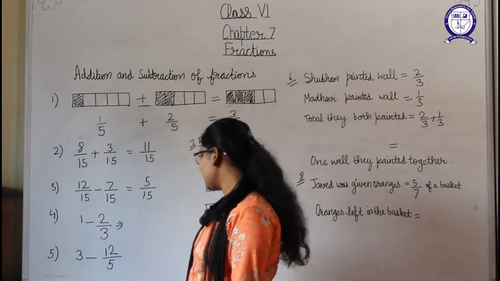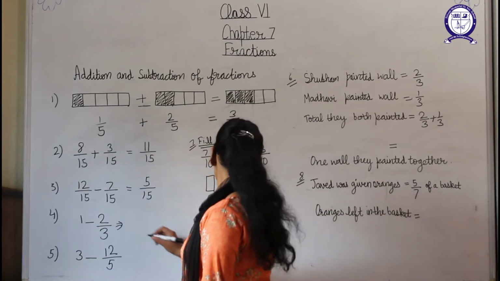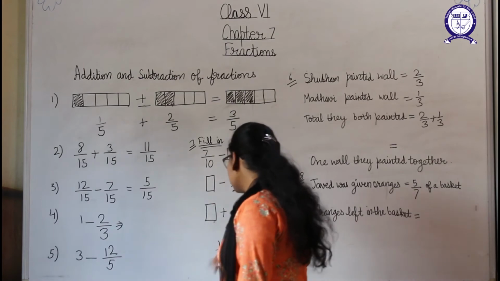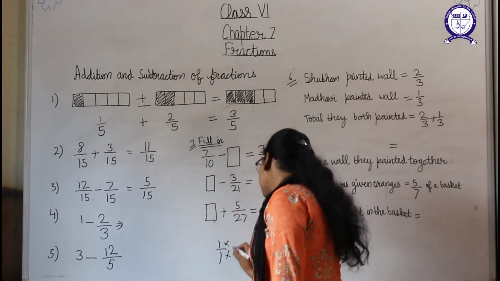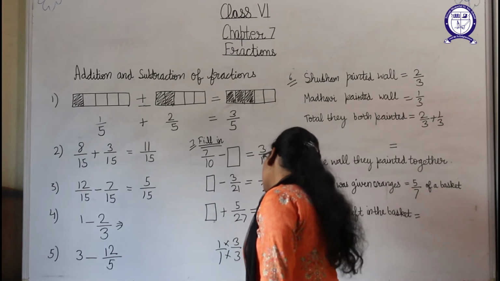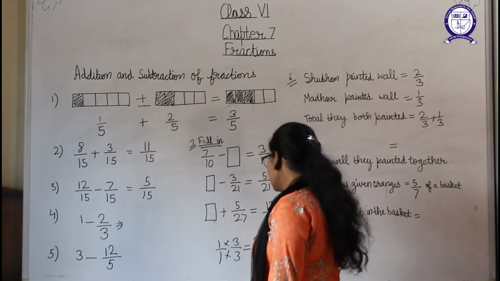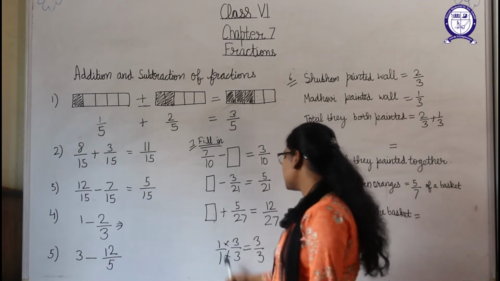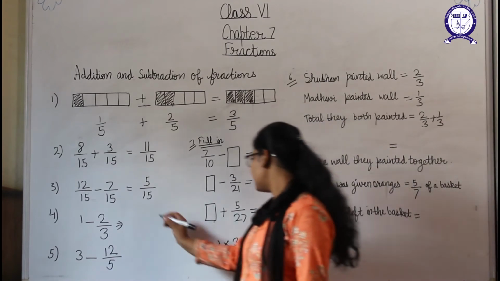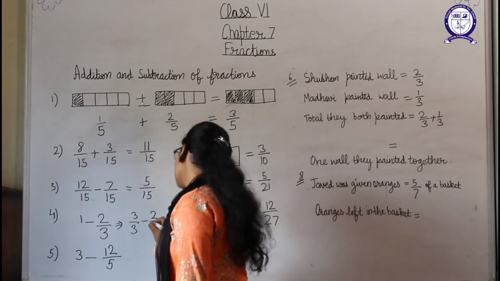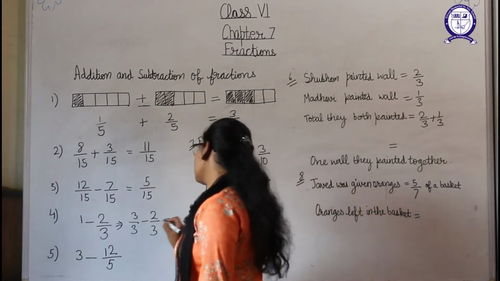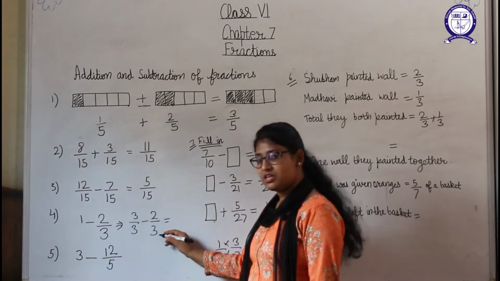You know how to make it: we will consider 1 as 1 by 1, and to make the denominator 3, we will multiply and divide it by 3 by 3. So we can write 1 as 3 by 3, and we have to subtract 2 by 3 from this.